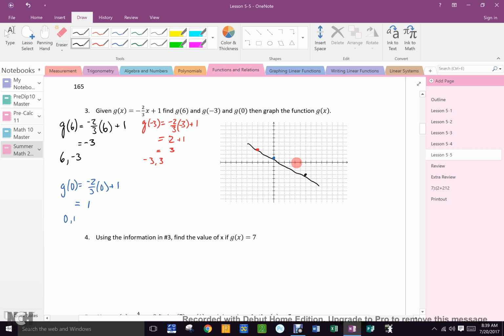For example, right there, what x is that? 1, 2, 3, 4, 5, yes? So that is x equals 5. What can I do with that 5?